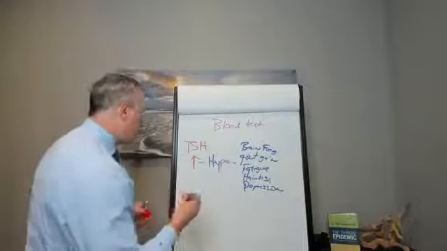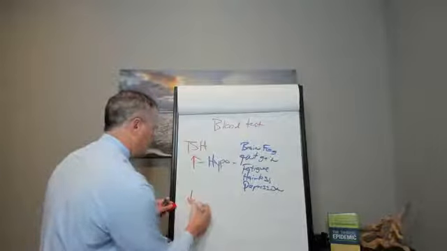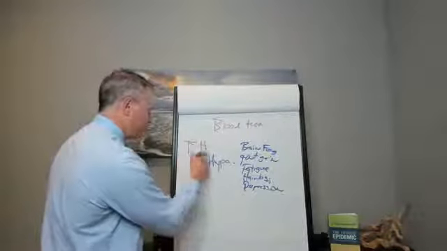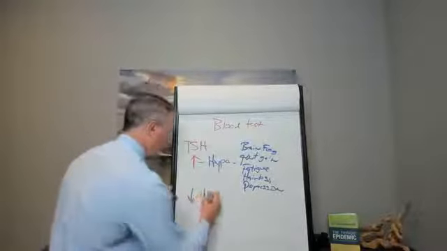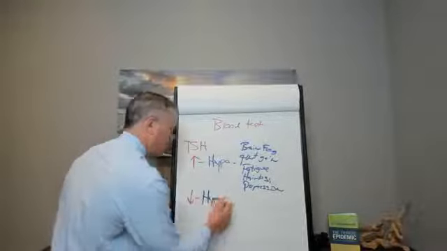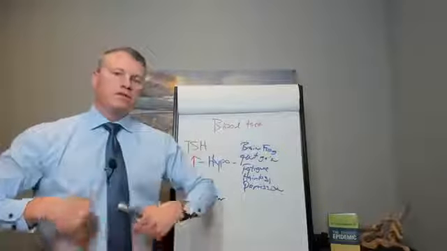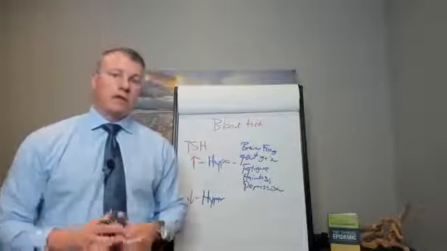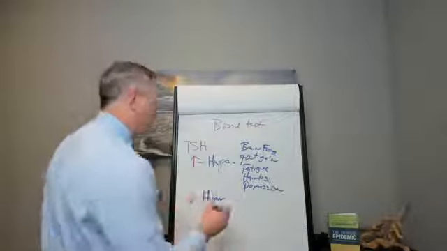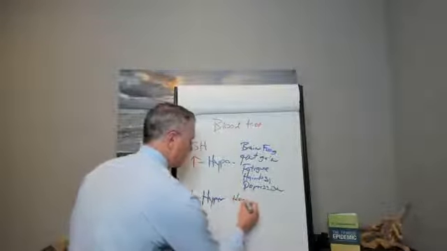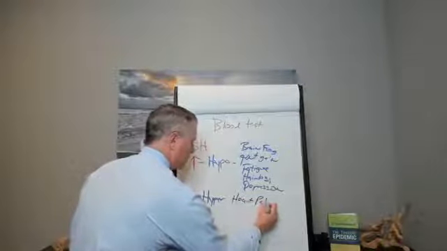Now, if we have the opposite and we've got a low, decreased TSH, that's going to be the equivalent of, obviously, hyper. So hyperthyroid is going to be an overreactive thyroid that's producing too much of the hormone, and the person's going to have certain symptoms. So what do we see? We see things like heart palpitations.